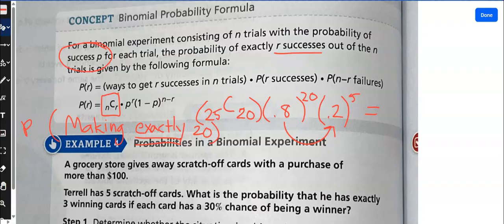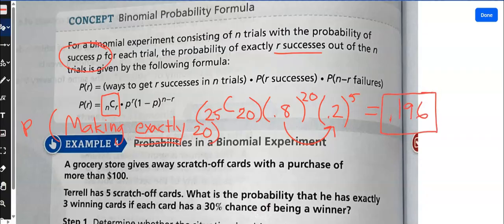So in my calculator, I use 25 nCr 20, and then 0.8 to the 20th, and 0.2 to the 5th. I get 0.196.